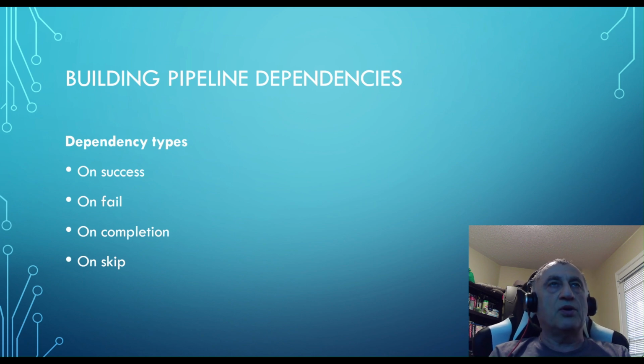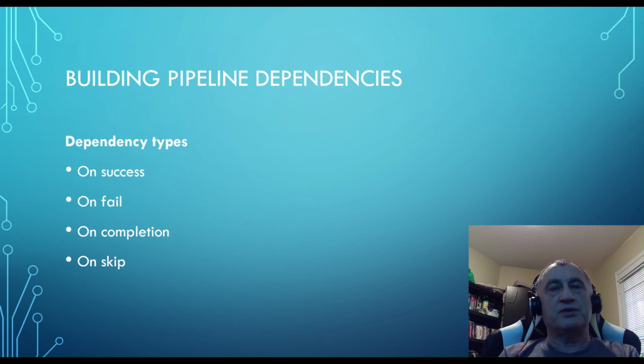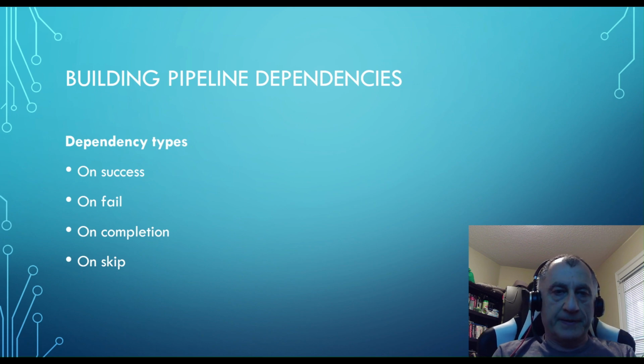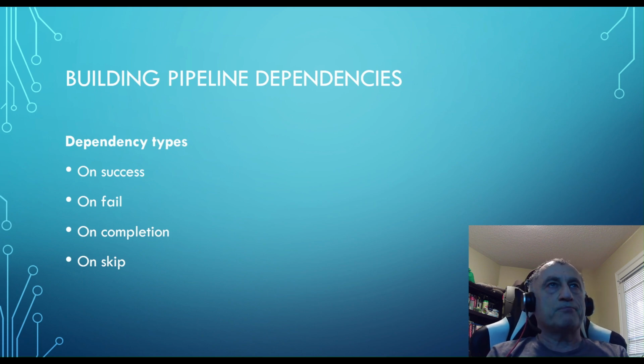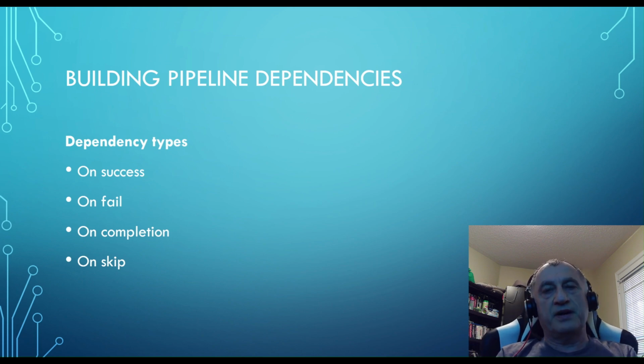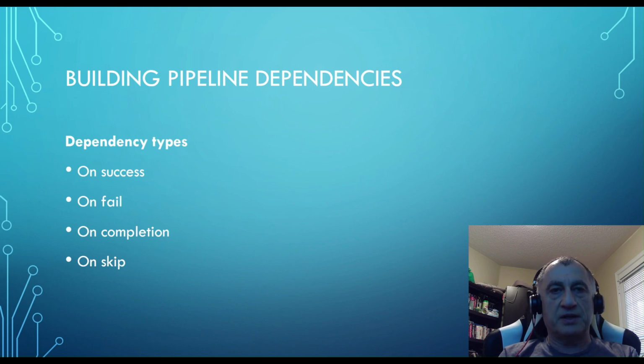On success dependency means that your next activity will start only if the current activity succeeds. Similarly, on fail dependency means that the next activity will start only on failure of the current activity.